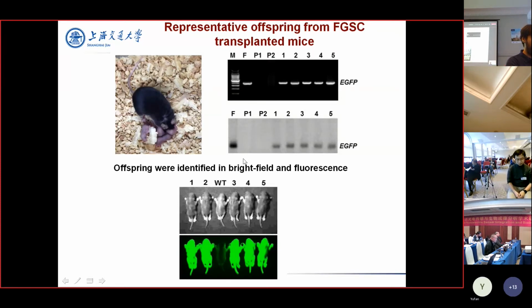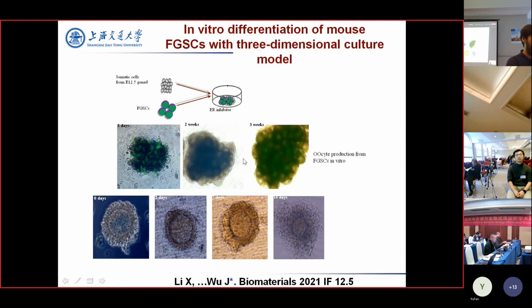Using this system, we later tried to do a study of spermatogonial stem cells. We also made a system for in vitro differentiation of mouse FGSCs with a three-dimensional culture model.